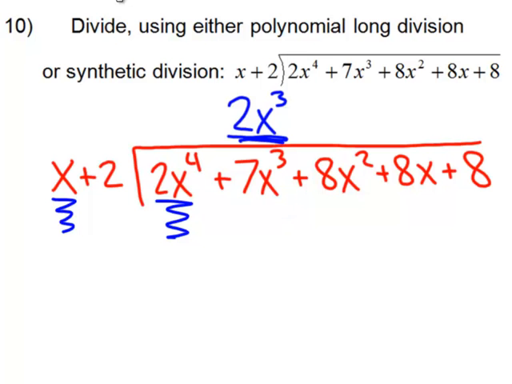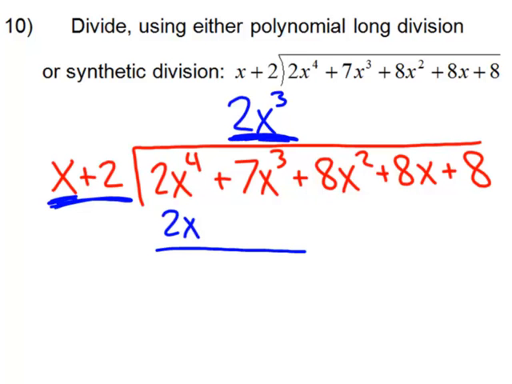Just like we do with regular long division, we then take that 2x cubed and multiply it times our divisor, and place it underneath down here. 2x cubed times the x gives us 2x to the fourth. 2x cubed times the 2 gives us plus 4x cubed.